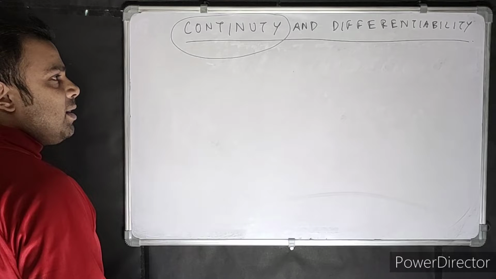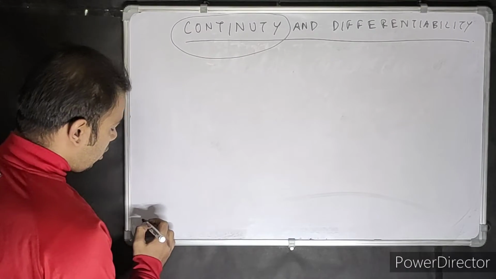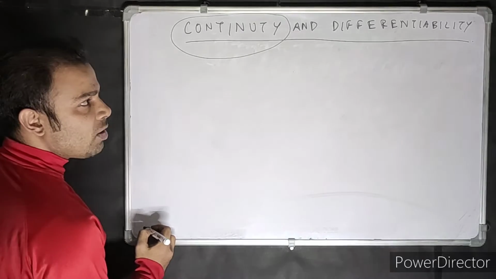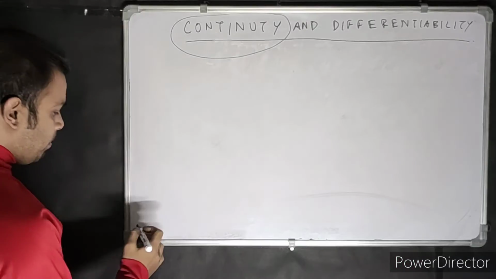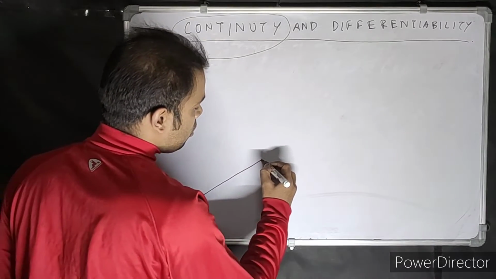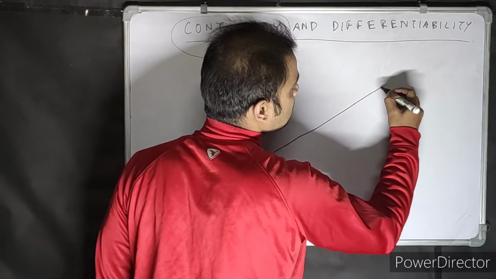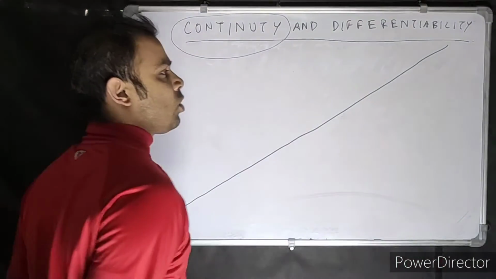Suppose I tell you to draw a line from this end of the board to that end of the board without picking up the pen or the pencil. It's very easy to draw, right? And if you continue, it will continue going.